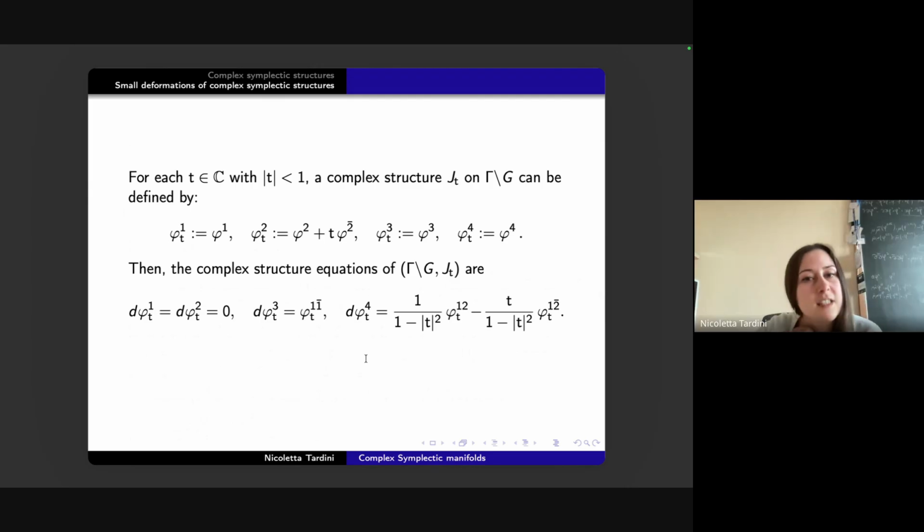Okay, so indeed, the cohomology can help in understanding whether we have stability or not. But no, I did not compute the cohomology of this deformation.